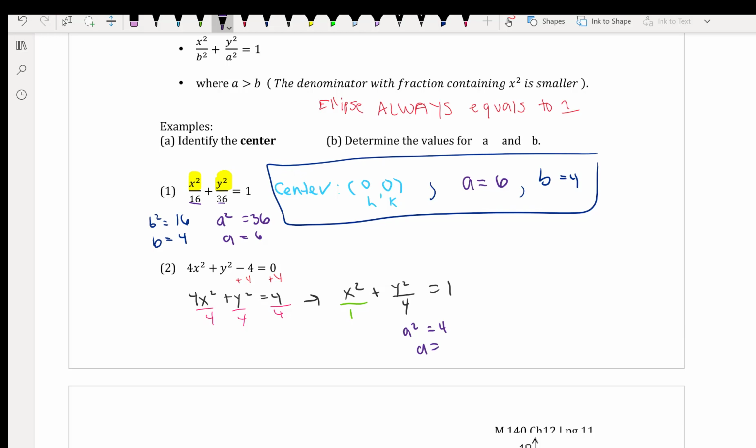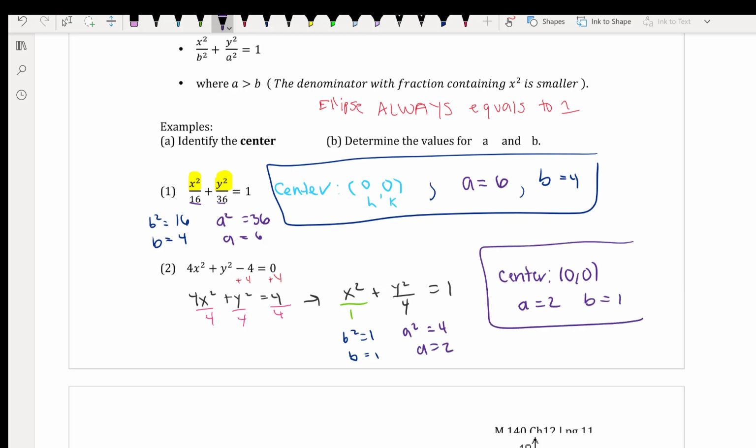So that means your A is equal to 2. And it would also mean that your B squared is equal to 1, so your B is equal to 1. So now I can say that my center for h and k is 0, 0, my a is equal to 2, and my b is equal to 1.